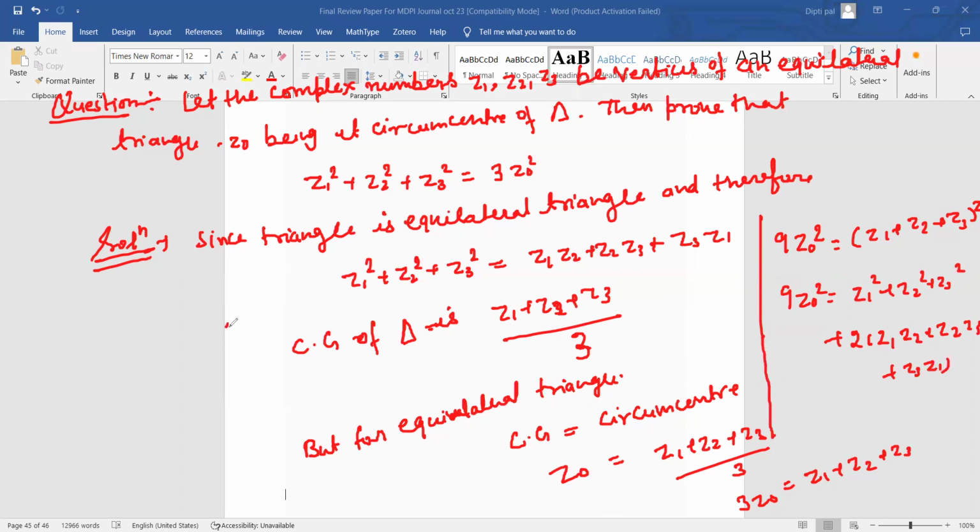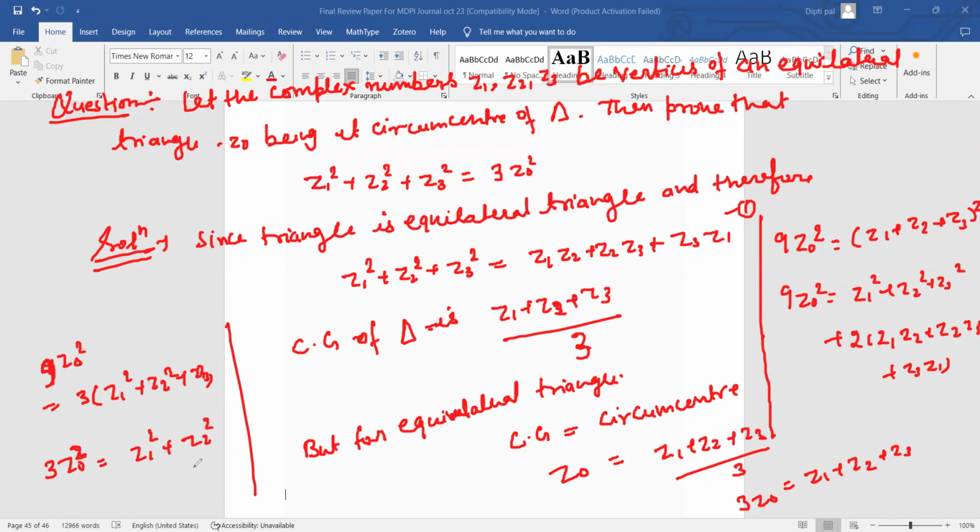So just put it here, we get 9Z0 square equals three times (Z1 square plus Z2 square plus Z3 square). We use this equation in this. So we obtain 3Z0 square equals Z1 square plus Z2 square plus Z3 square. So this is the answer.